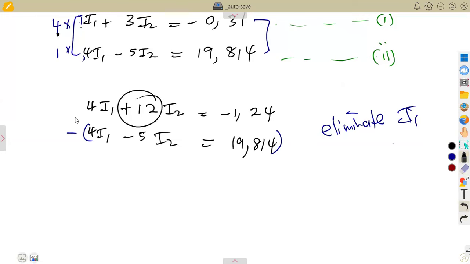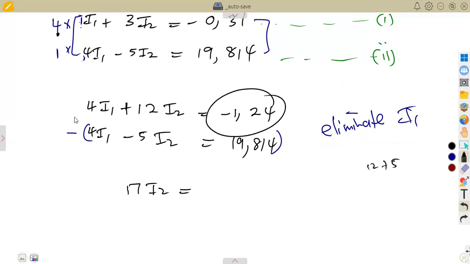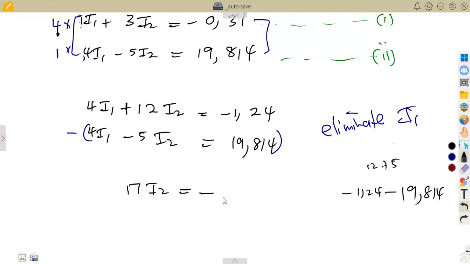So that's 12 minus 5 also. Minus and minus, that's a plus. So it's 12 plus 5, which will be 17I2, equal to minus 1.24 minus 19.814. This is going to give us negative 21.054.